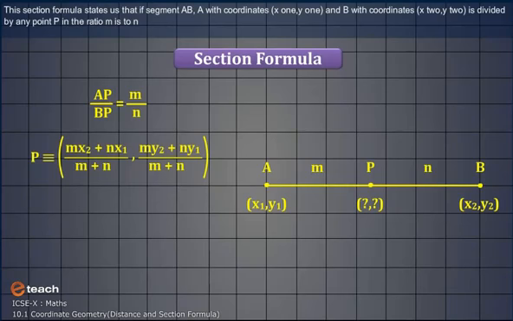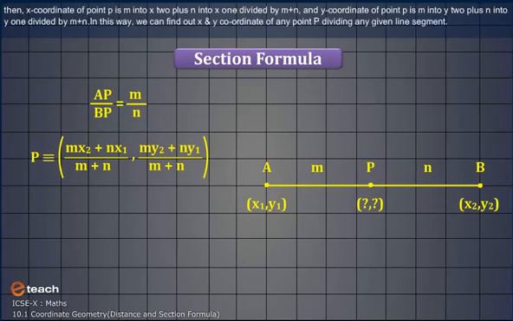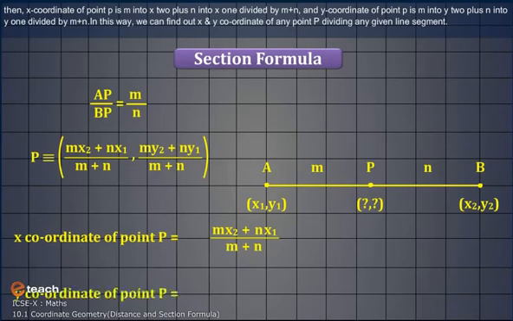This section formula states that if segment AB, A with coordinates x1, y1 and B with coordinates x2, y2 is divided by any point P in the ratio m is to n, then x coordinate of point P is m into x2 plus n into x1 divided by m plus n, and y coordinate of point P is m into y2 plus n into y1 divided by m plus n.